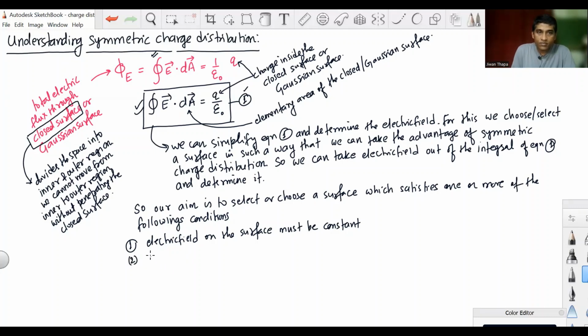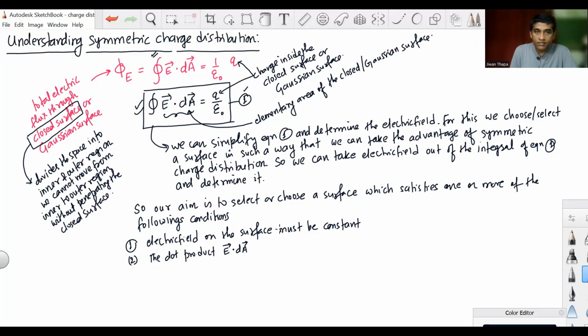Next, we can see we have a dot product of electric field and vector area. As I said earlier, this is the elementary area of the Gaussian surface or closed surface.